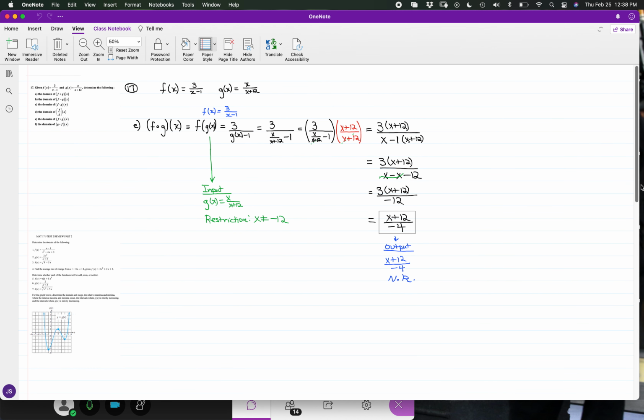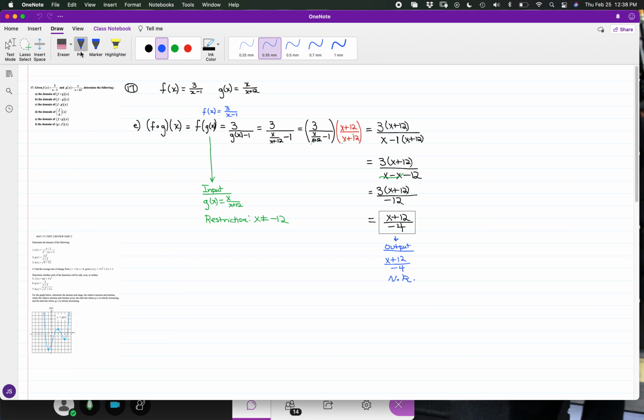So just looking at this composition, f composed with g of x, in the output you don't have an even root radical, and even though we have a fraction, the denominator is fixed, non-zero, and will stay non-zero. So between the compositions, you have the input, whereupon the restriction is that x does not equal negative 12.